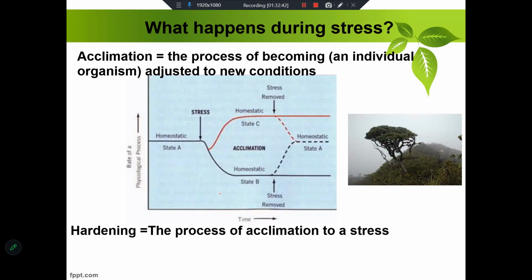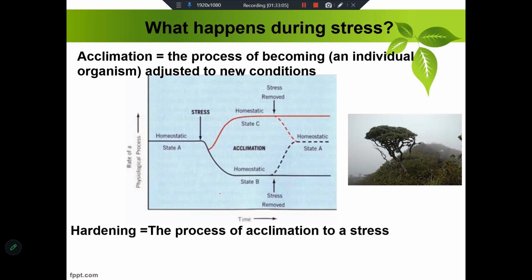Acclimation is the process of an individual organism becoming adjusted to the new environmental condition. Keep in mind, it is an individual-level thing. So why is this important? Because adaptation in biology is a population thing.